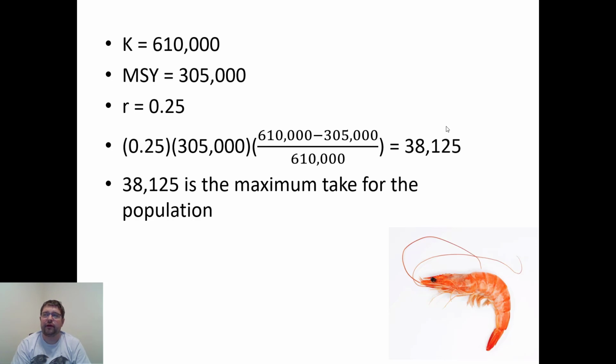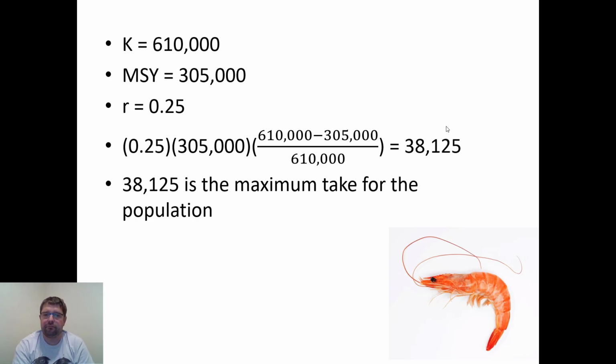Now, like I said before, when we're dealing with maximum sustainable yield, most good fisheries units or services will not sample the population at the exact point of maximum sustainable yield.